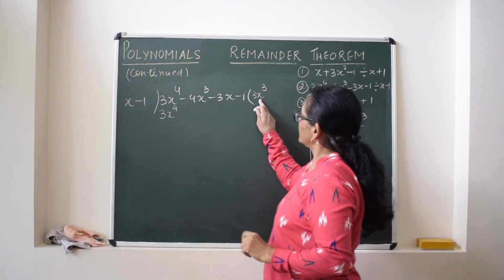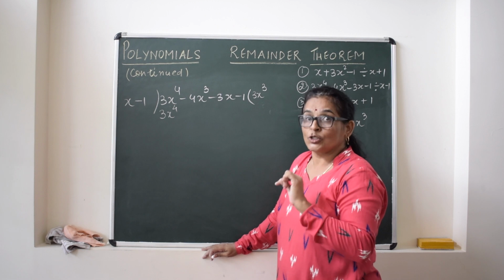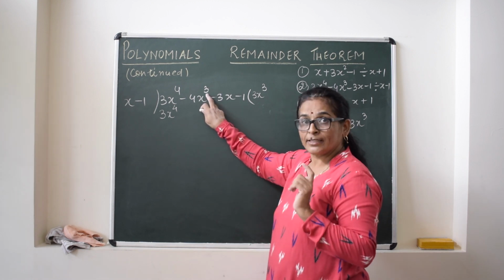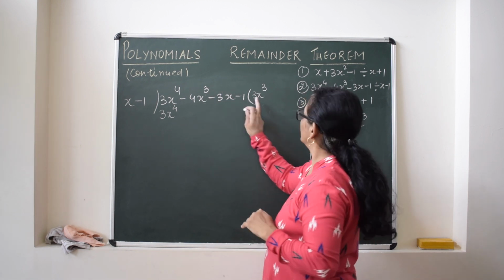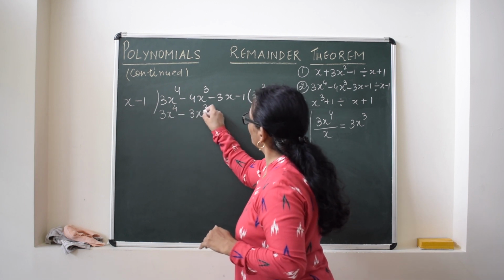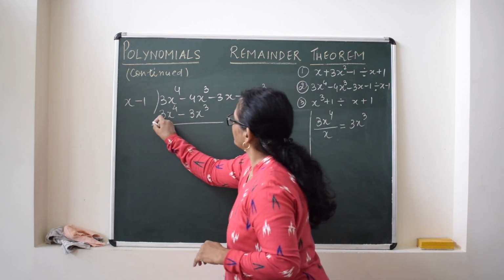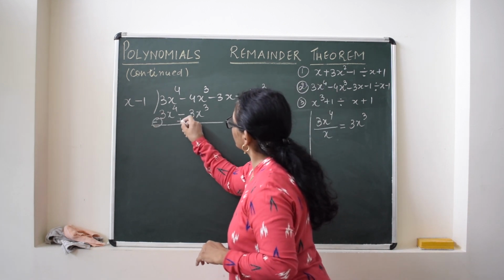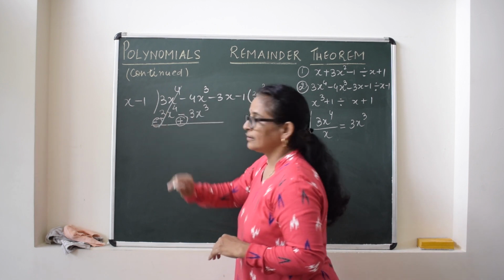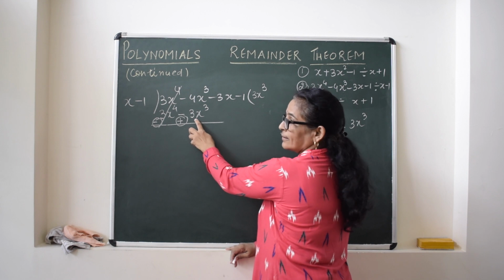So now 3x cube into minus 1 will be minus 3x cube, and we have got a term like x cube, so we will keep it under that. Now leave some gap and change the signs. This is minus and this is plus. This will be cancelled.